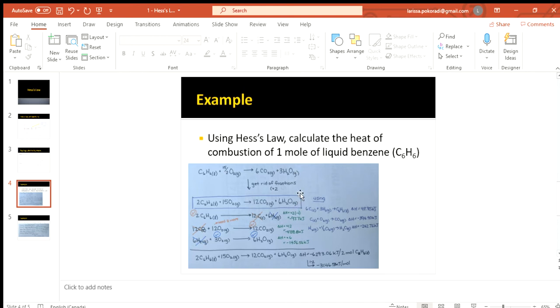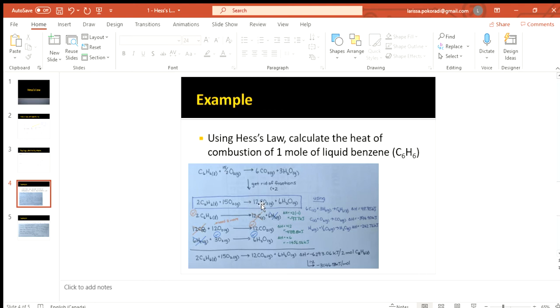I've put a box around the overall reaction that I'm going to try to find by adding. Using different reactions from that appendix page, I'm going to find ones that work in order to add only to this. No extra stuff, no things missing.